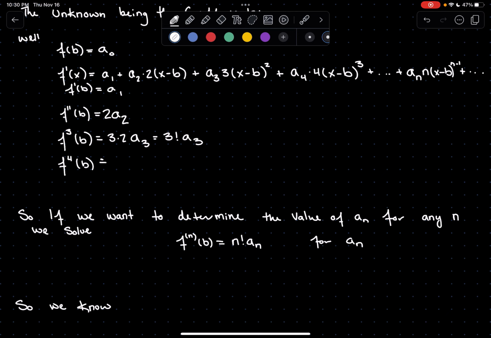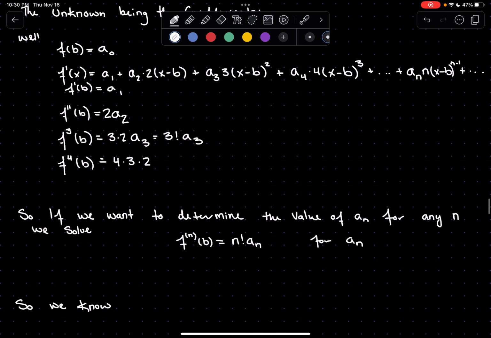The fourth derivative is 4 times 3 times 2 times a4, which is 4 factorial a4. And this is, in fact, 2 factorial a2, and this is 1 factorial a1.